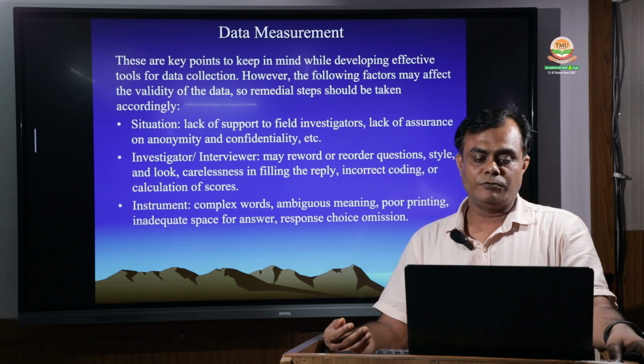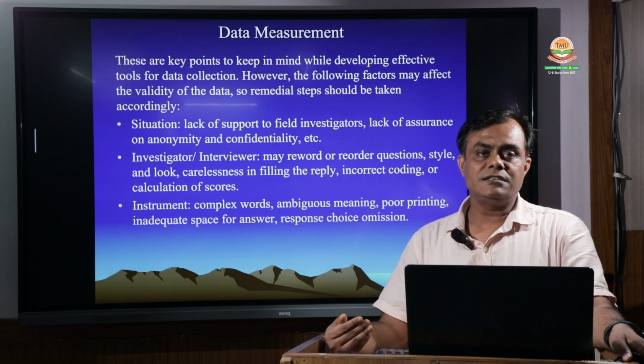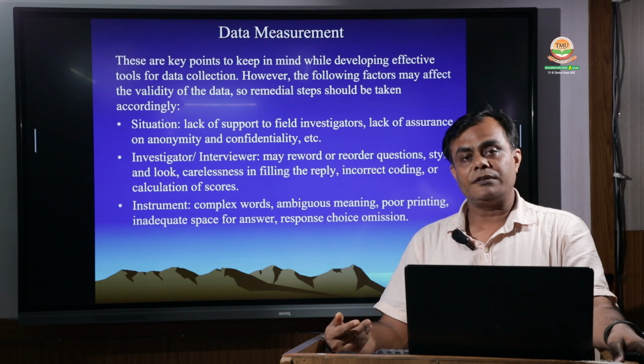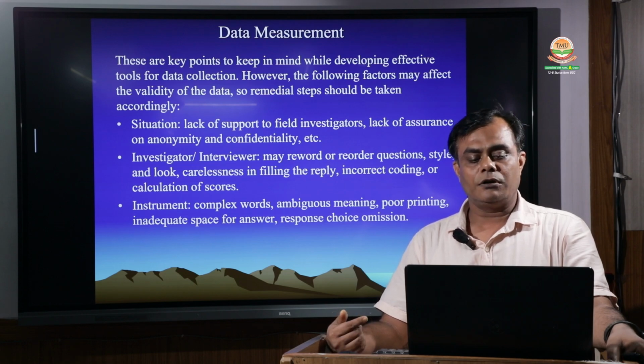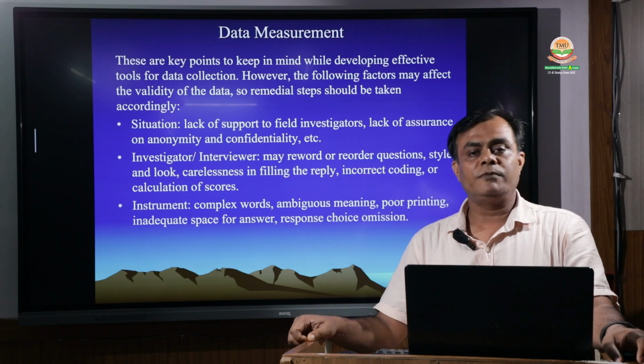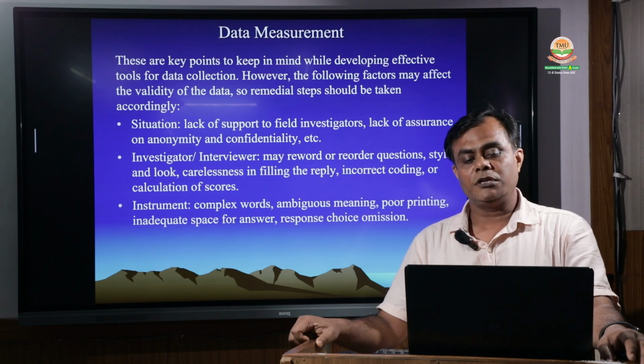Investigators or interviewers may reword or reorder questions, change styles, be careless in filling the replies, and make incorrect coding or calculation of the score. Sometimes the investigator or interviewer is not able to record properly.